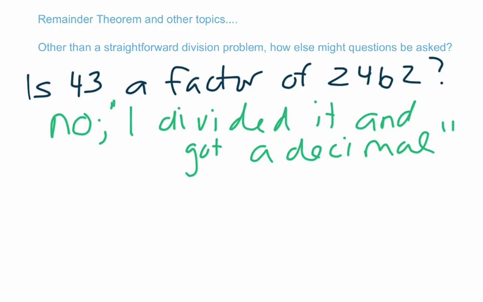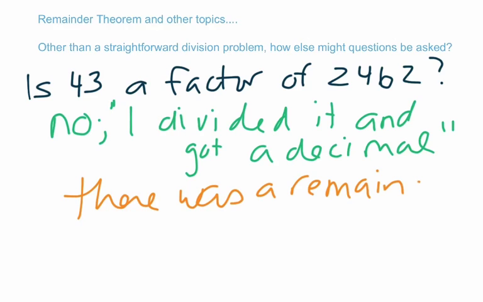So even though this is not a division problem, somebody did not say take 2,462 and divide it by 43, the way the question is asked, how you're going to come up with a yes or no, is you're going to divide it. And what's important is you got a decimal. In other words, there was a remainder. Okay, it did not divide evenly.